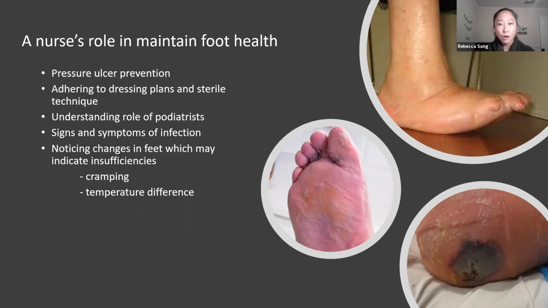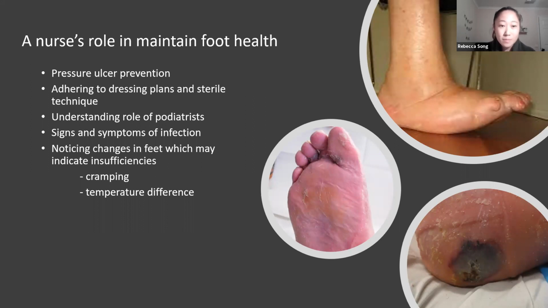You want to look at them as a whole and make sure they're seeing someone for their feet, someone for their mental health, a physio if they need it, a diabetes nurse educator. It's a holistic approach that improves the patient's outcome, not just focusing on the one area. So understanding what we do and being able to refer them to us if you need to.